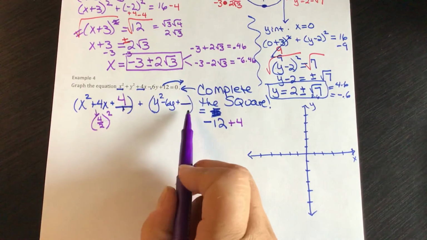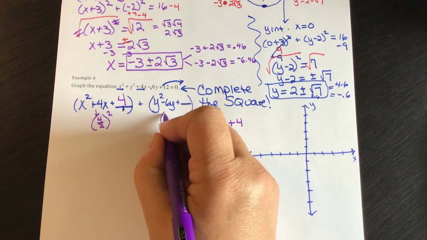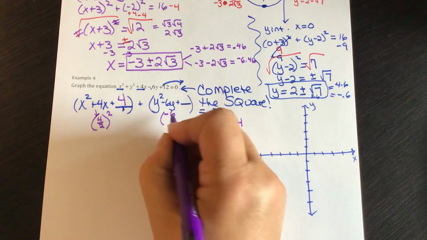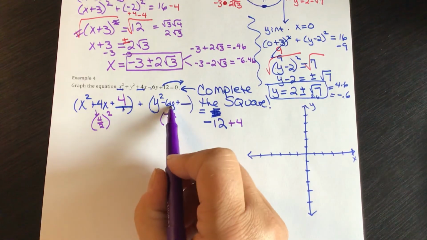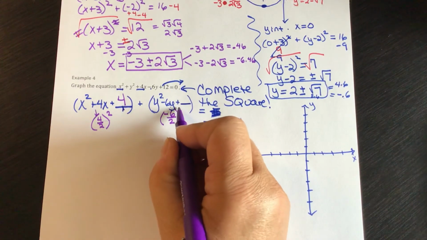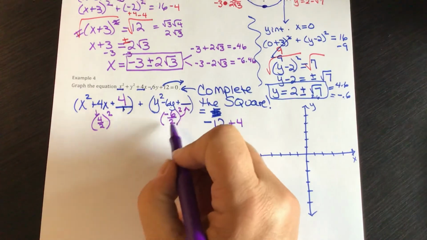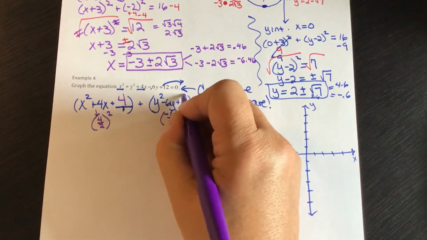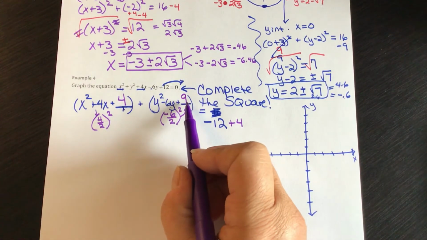Same thing for the y's. I'm going to take half of the middle term, so the sign is negative, so I'm going to keep that negative. So I have negative 6, half it, that would give me 3, and then I'm going to square it, and that number goes at the end. So 3 squared is 9, and remember, when I square something, I always end up with a positive.